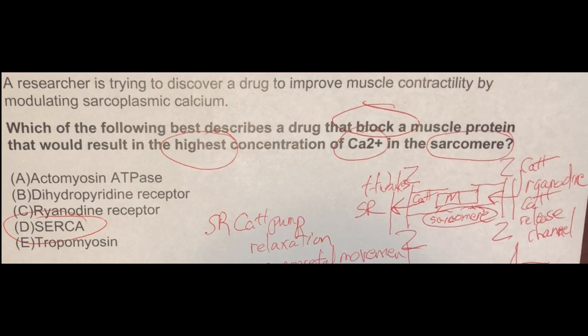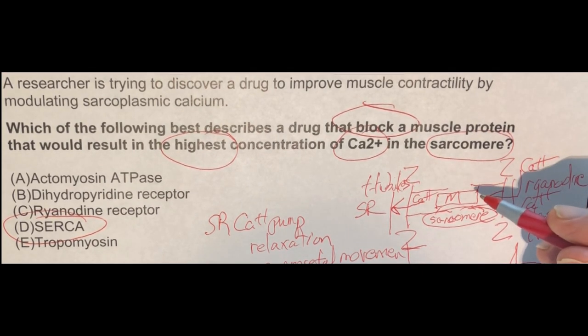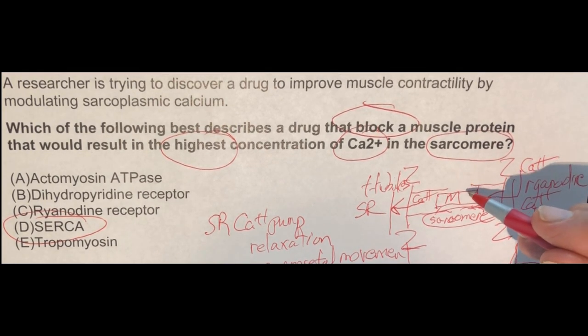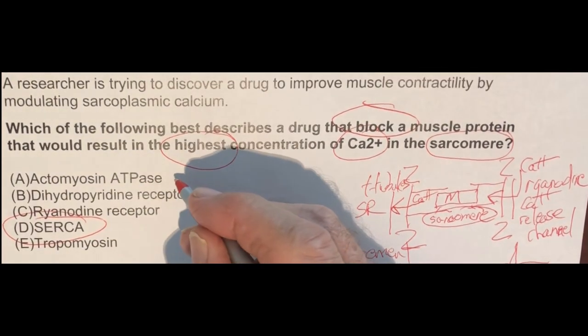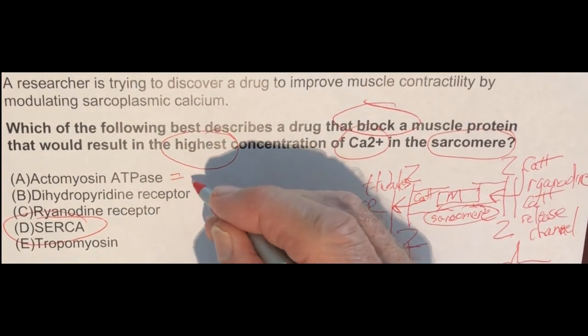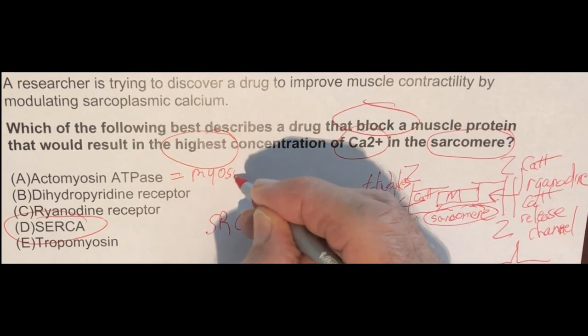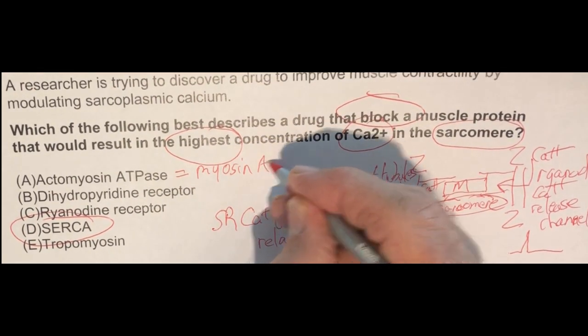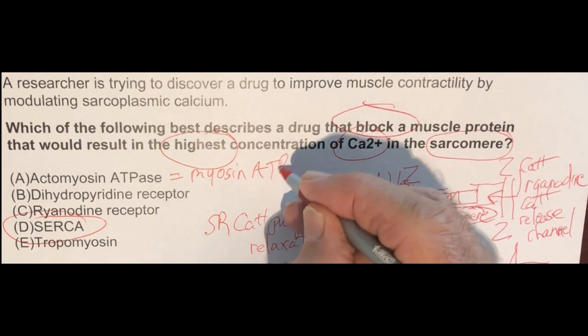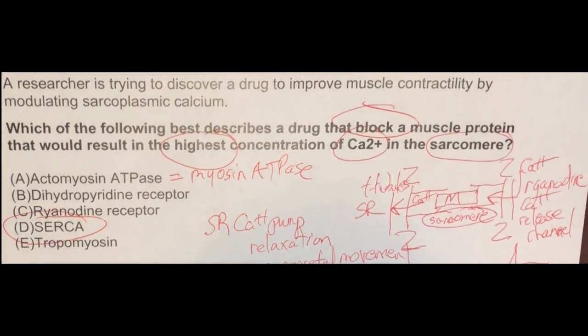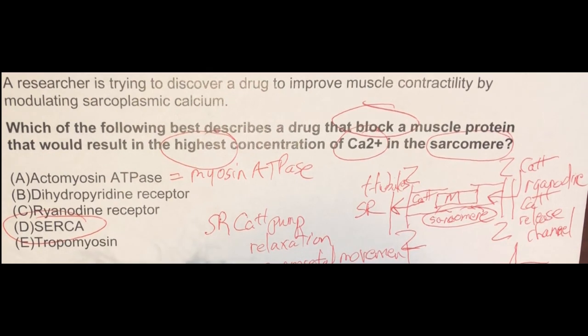And what about actomyosin ATPase? Well, don't get tricked by that word. Actomyosin ATPase just means an ATPase that provides energy for myosin. So another name for actomyosin ATPase is myosin ATPase. That's involved in the cross-bridge cycling.